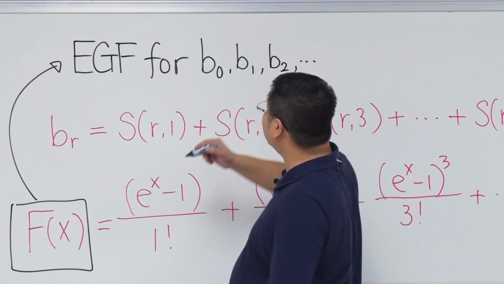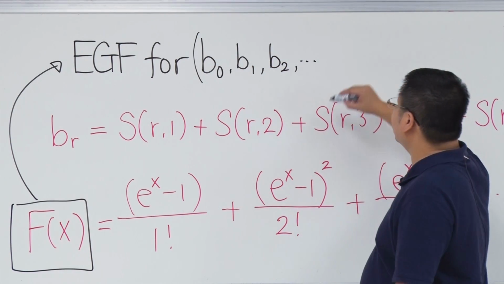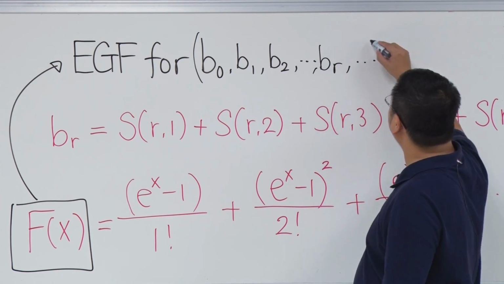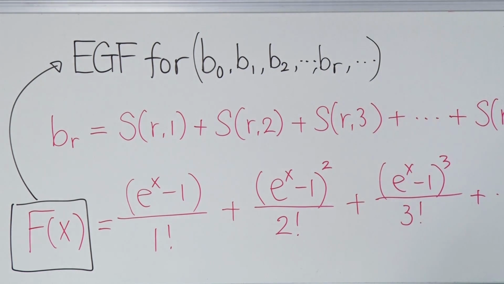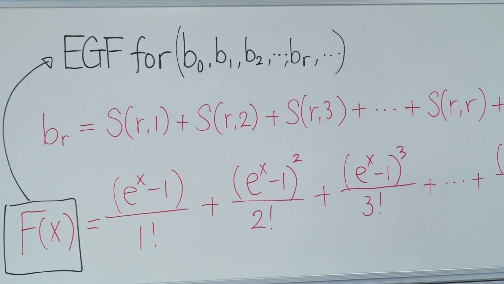Actually, B0 you can define to be 1, just for convenience. This is the EGF for the sequence Br up to infinity. Is that okay? This is the EGF that we want to find. This is the EGF for the Bell numbers.